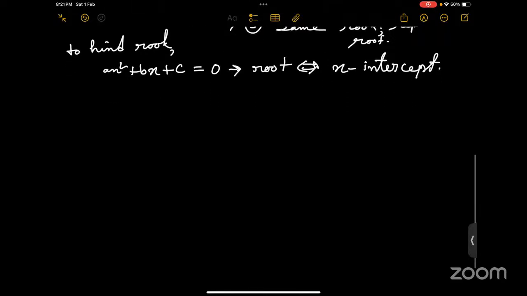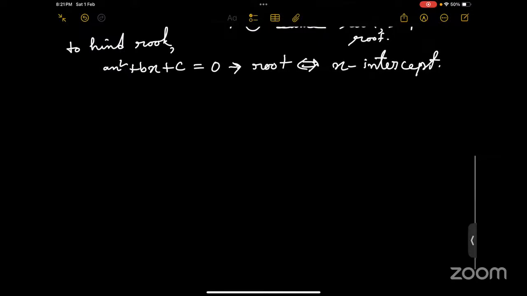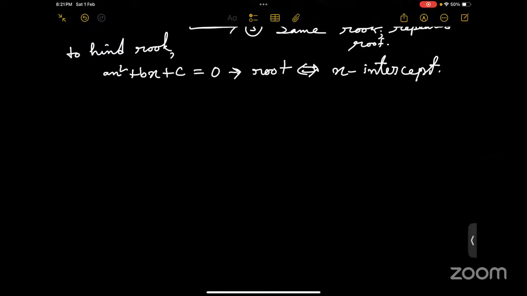So see, the roots are basically the x-intercepts. That means the points at which the parabola cuts the x-axis, right? So we can typically have three different types of pictures.